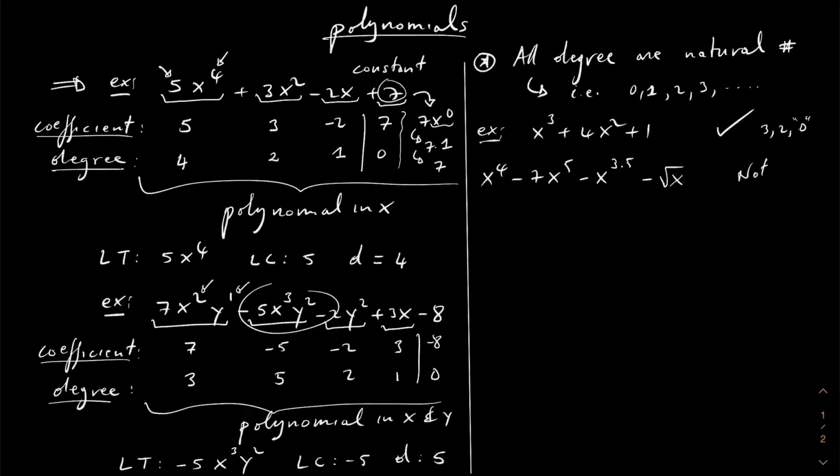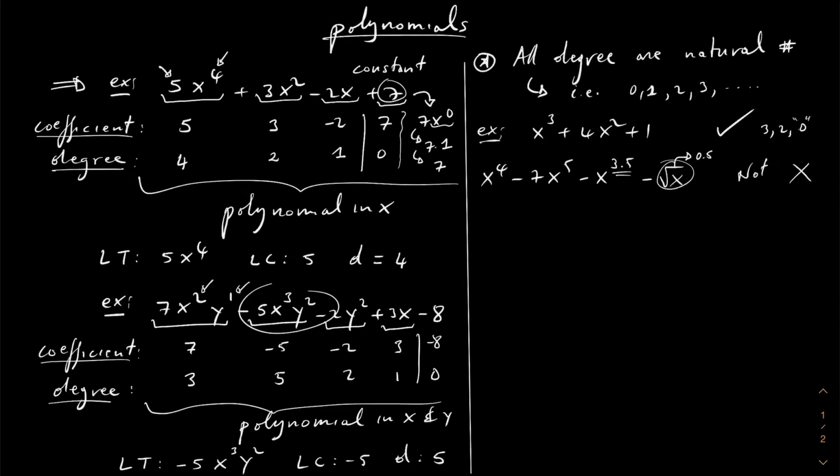And in addition to that, you even have the square root of x here, which is technically x to the power of 1/2. So that's not good either. So you have these two x terms with decimal powers. That makes this particular expression not a polynomial at all because of those decimal exponents.